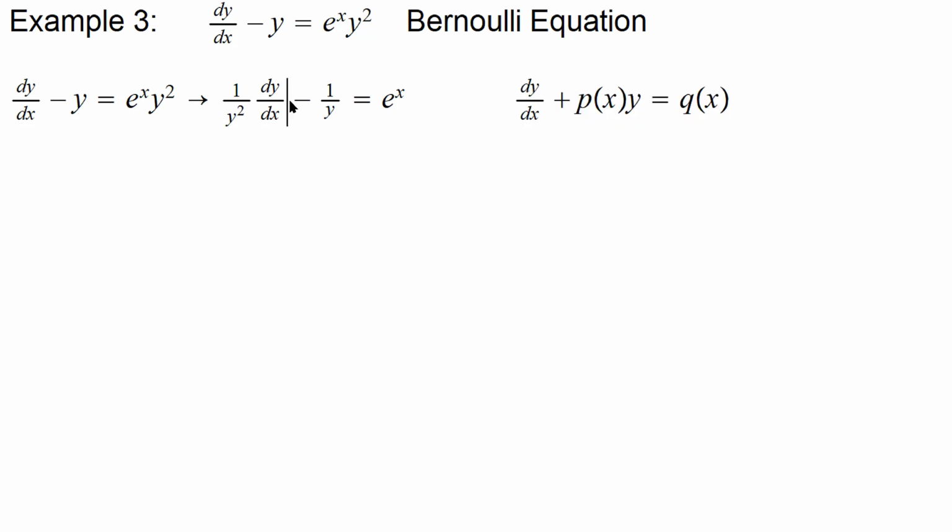So in here, you may think of substituting -1 over y for another variable, say u. The derivative of -1 over y is 1 over y squared, and that should come easily under control.